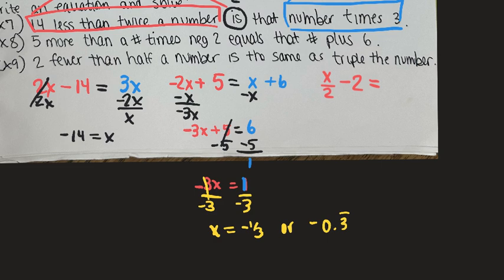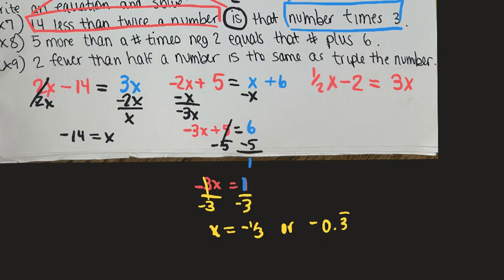Is the same as triple the number, which means 3x. All right, so now this one, oh, this one's a toughie. Okay, our first thing, I think our first thing is going to have to be this guy. Maybe let's write him back as a half. Let's write 1/2 x.